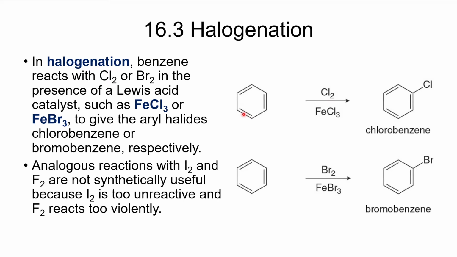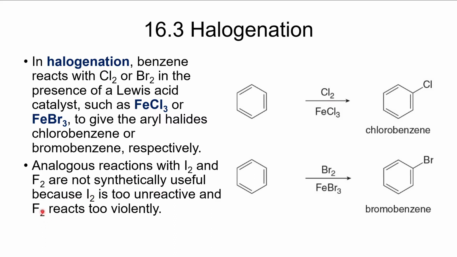All right. Now notice that I didn't include either iodine or fluorine. They're just not synthetically useful. For iodine, it ends up not really being very reactive. It ends up being an endothermic reaction. It just makes it not very helpful. So it's difficult to do with iodine, so we just don't do it.